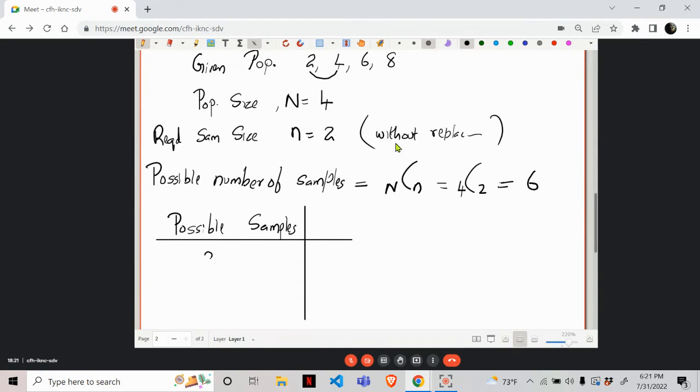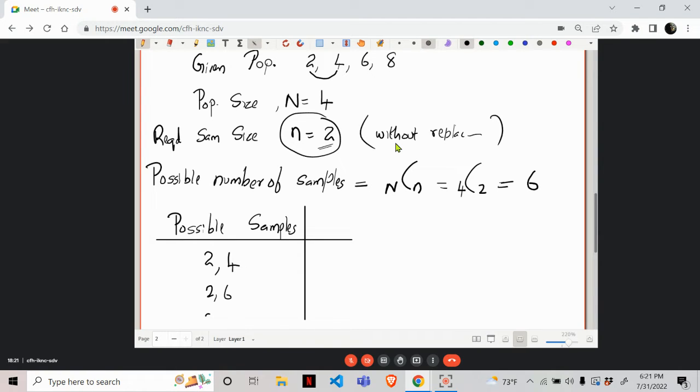Someone will go for data collection, and from how many people will they collect the information? Only from 2 people. So one possible data they will bring is 2, 4. Someone else will collect in a different manner and might get 2, 6.